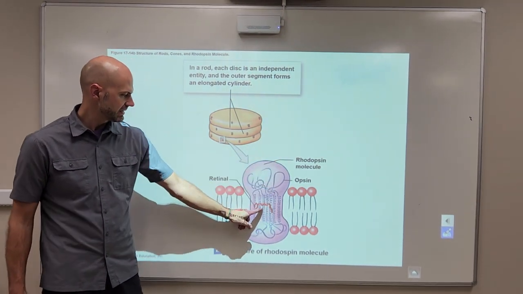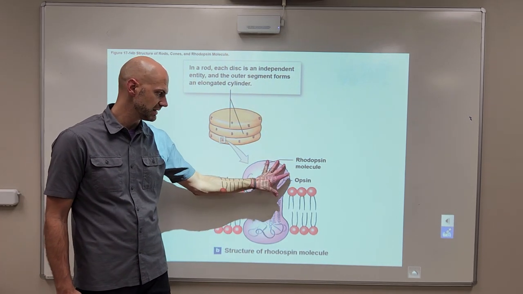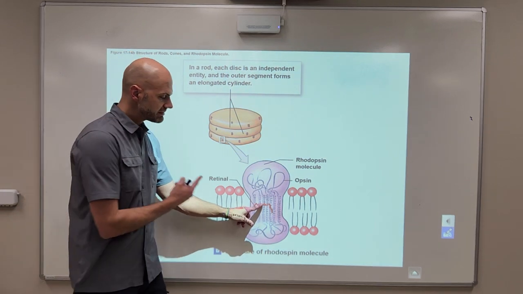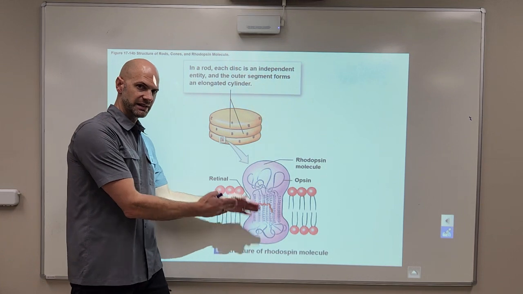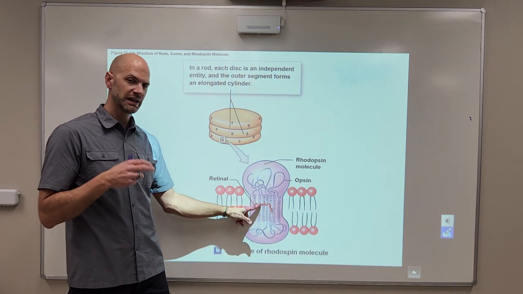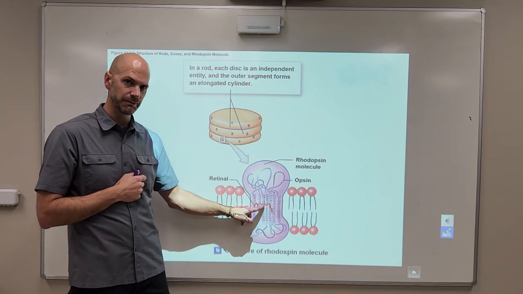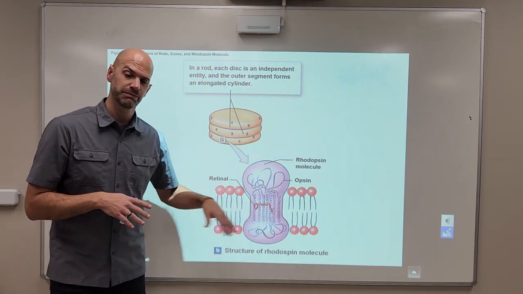Rhodopsin has retinal embedded in it, so it's a protein with a molecule inside of it. When this molecule of retinal receives a photon of light, it changes shape. There's a chemical reaction triggered by a photon of light hitting retinal, and that will cause rhodopsin to change its properties.